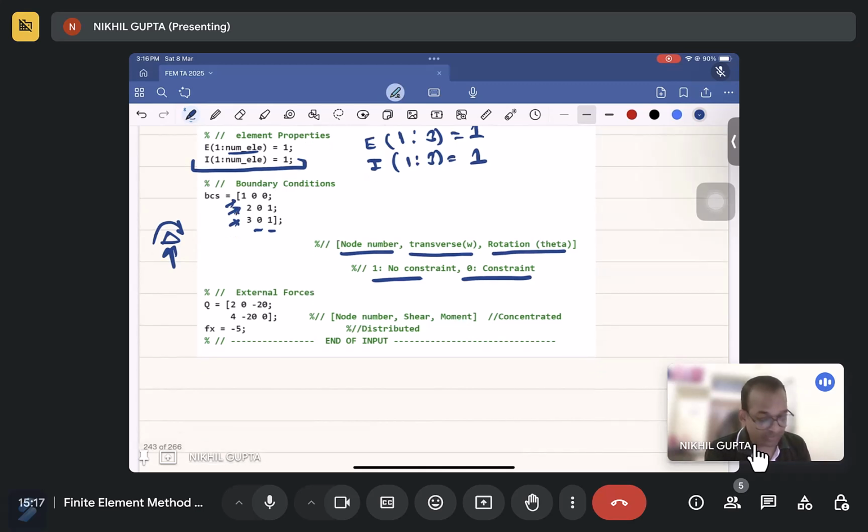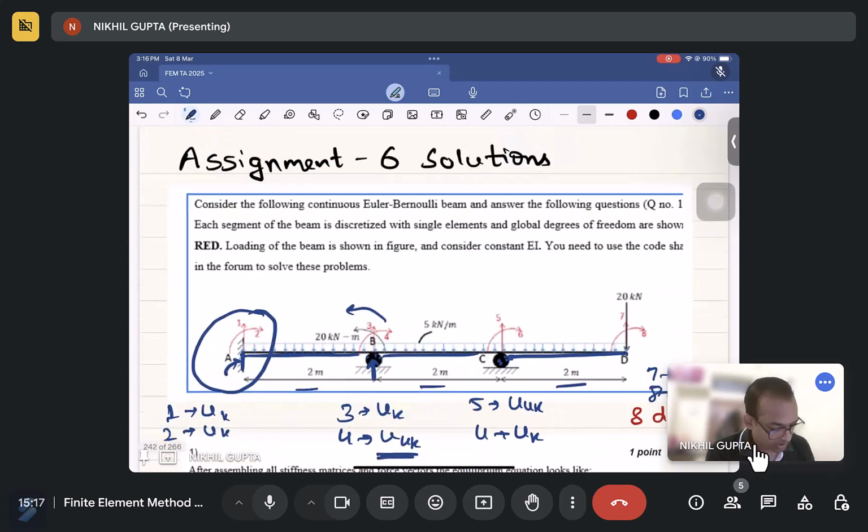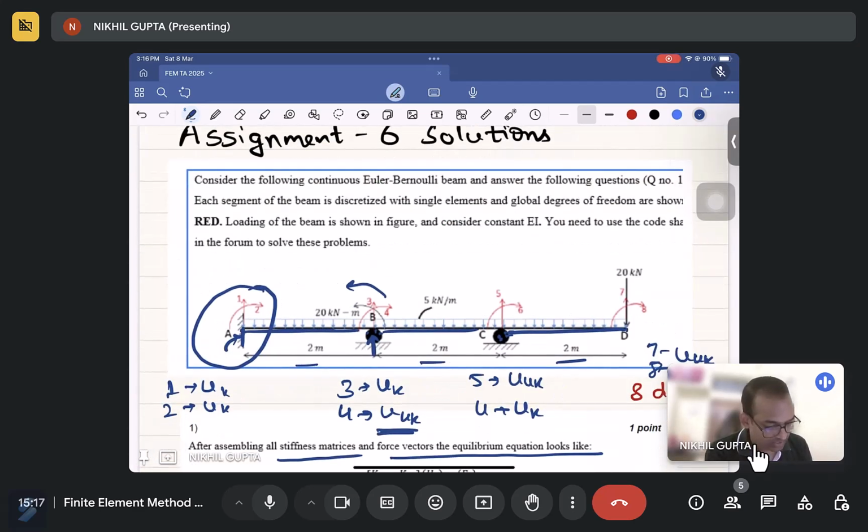Now we have to tell the program how many external forces are being applied. So we are defining it with the q vector, where the first column is the node number, the second is the shear force, if acting, and the third is the moment, if any is acting. So we see at node number 2 and 4; in node number 1 there is no external force.